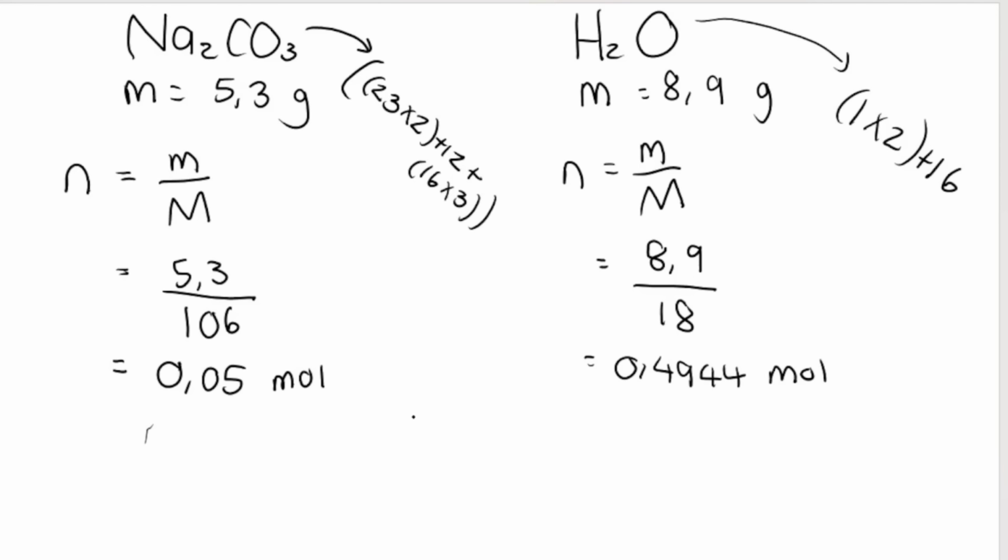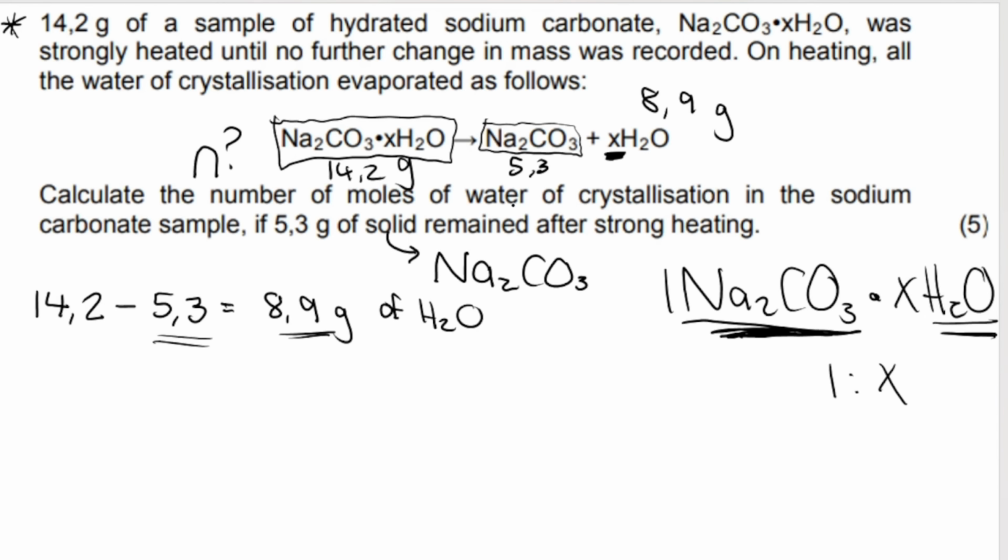Now remember, we write that in a ratio, 0,05 to 0,494 recurring, and we want to simplify that ratio so that it is 1 to X. The 1 must be on the left hand side, because if we look at our hydrated compound's formula over here, we've got Na2CO3.XH2O. The number of moles of Na2CO3 is 1.